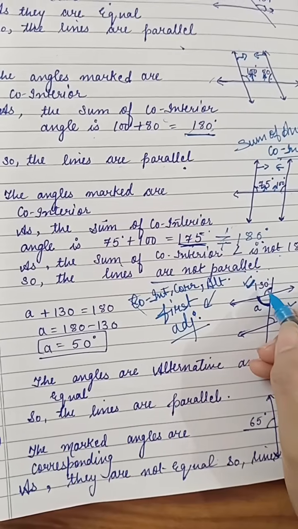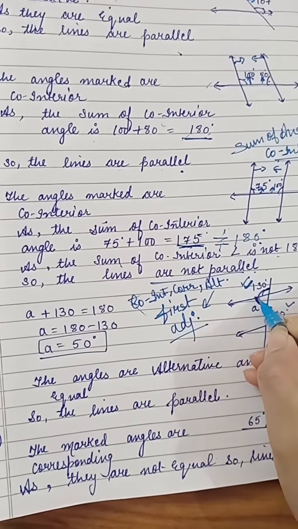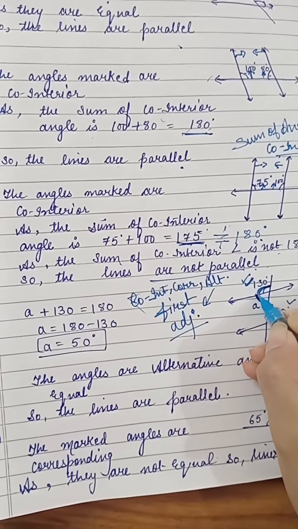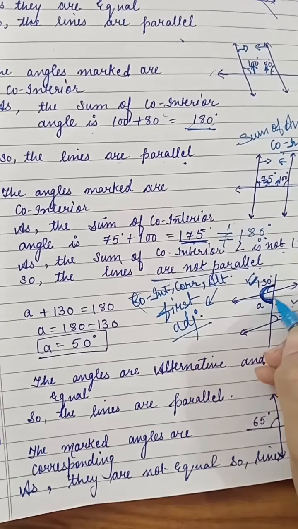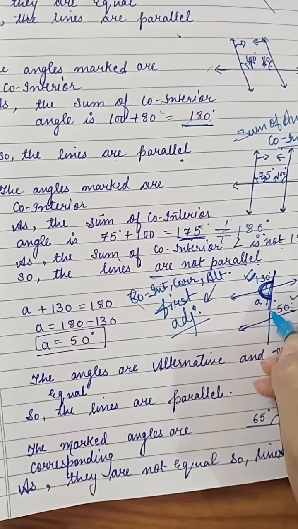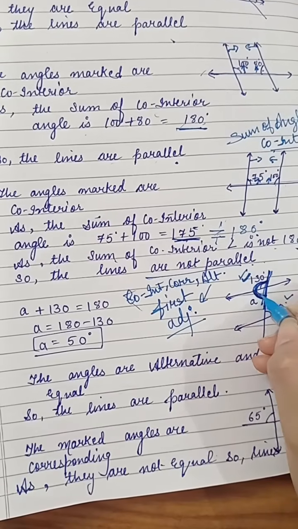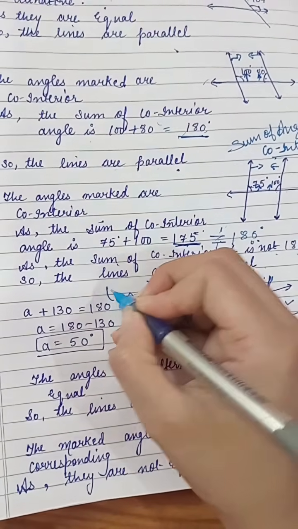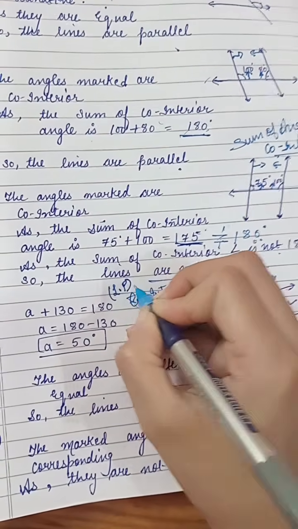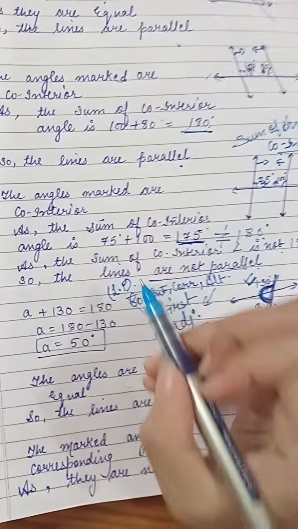I am taking the adjacent angle of 130 degrees. The sum of adjacent angles should always be, since it is on a straight line, check, yes or no? It is on a straight line. The sum of these two angles will be 180. What will be the reason? Linear pair, or the sum of adjacent angles is 180 degrees.